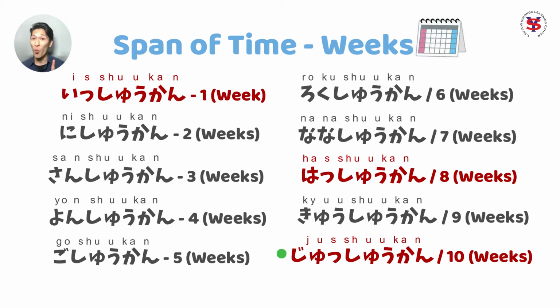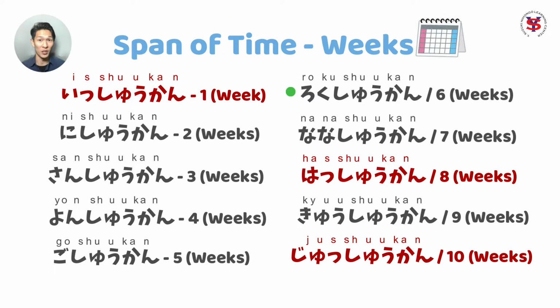Alright, let's try again. Dire-diretso natin from 1 hanggang 10 weeks. Ready? 1 week is ishukan. 2 weeks is nishukan. 3 weeks is sanshukan. 4 weeks is yonshukan. 5 weeks, goshukan. 6 weeks, rokushukan.